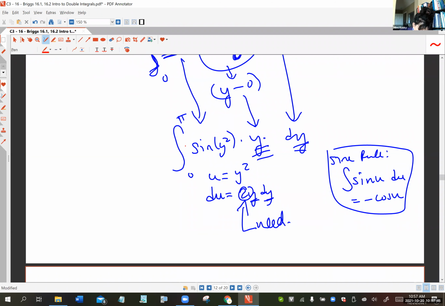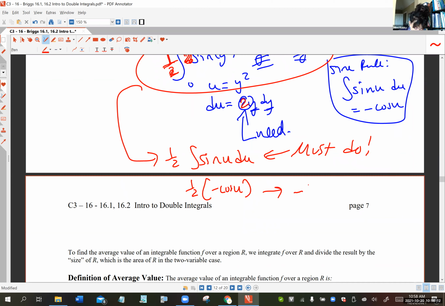Now, when I rewrite this in terms of u's, and yes, you have to do this intermediate step on your paper for me also, I need to see it. And then you have the minus cosine u, and then substitute back in. I'm going to rewrite it as minus a half cos of y squared, and then evaluate minus a half cos of y squared going from 0 to pi.